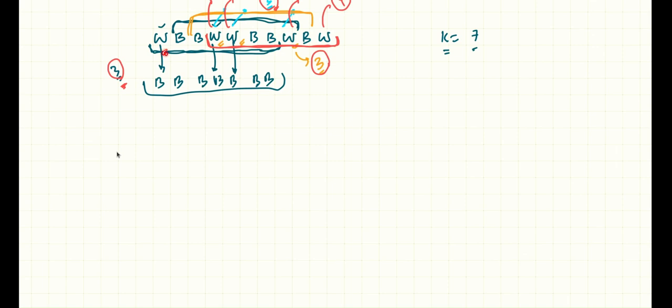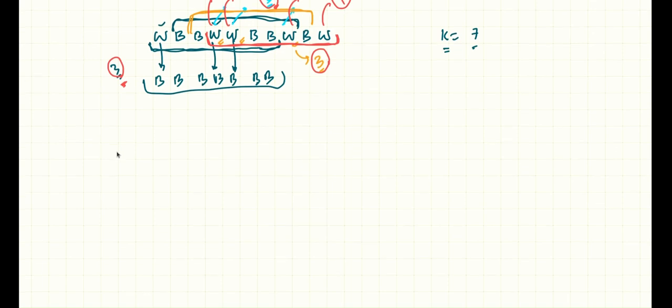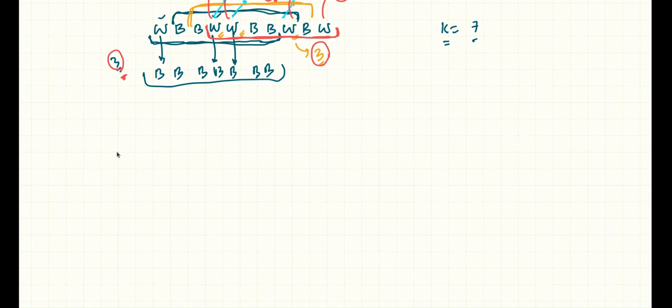That will be the recoloring we have to do in order to make sure that the entire substring has all black characters, right? So the brute force would be to generate all windows of size k, identify the colors in each window, and return the minimum among all those recolorings.